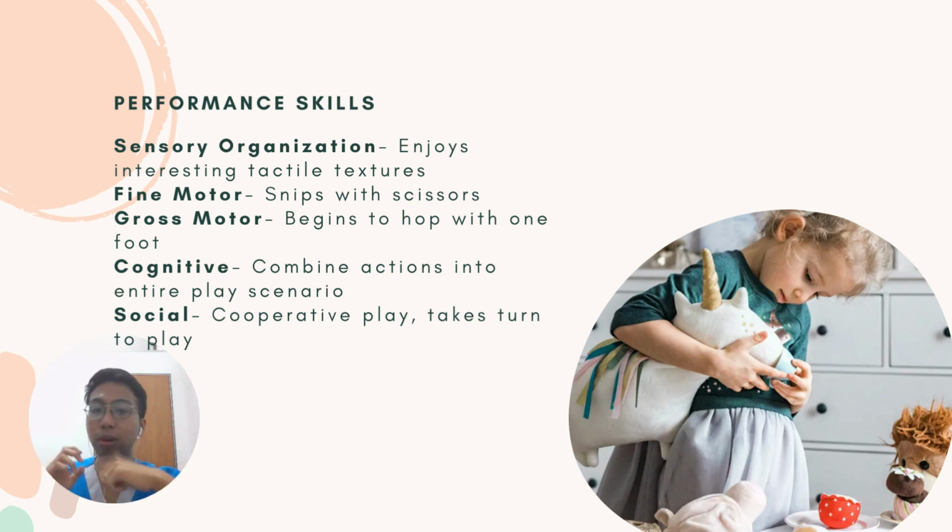Okay, let's drink, and then afterwards they do something related to the reality that they experience. And then the social part will be cooperative play. So they have developed the need to take turns to play. Even around pre-operational, they are most likely towards egocentric thinking, but around here, they develop to understand that they need to take turns in order to play cooperatively.